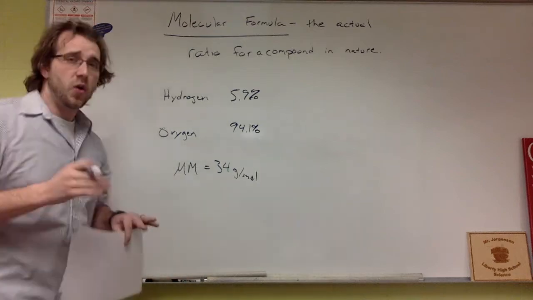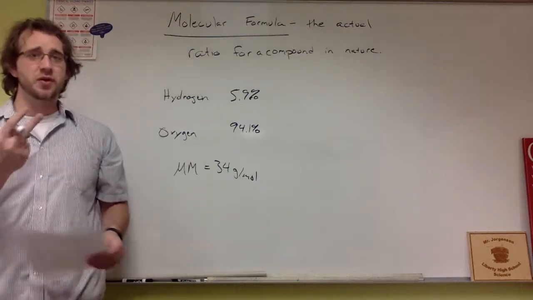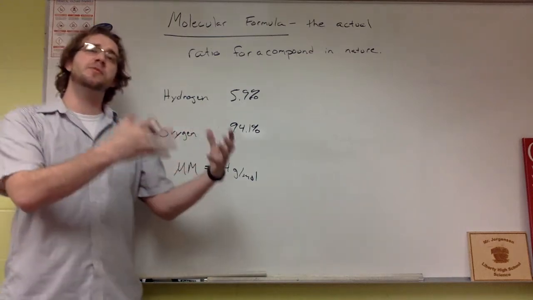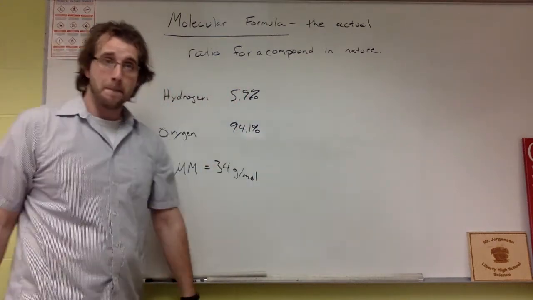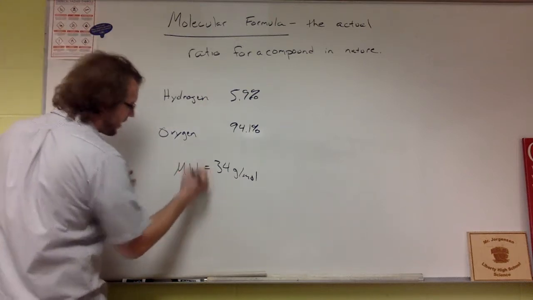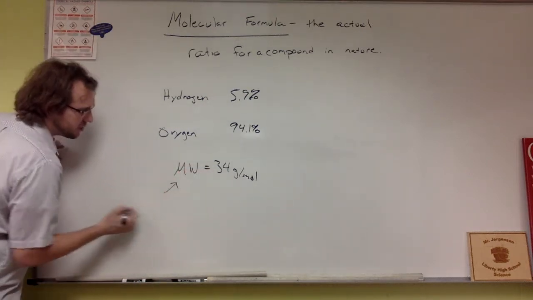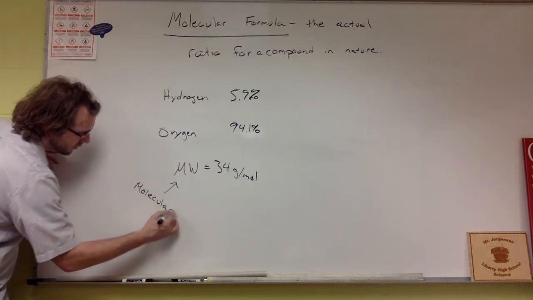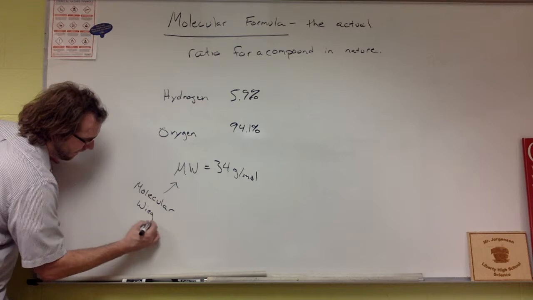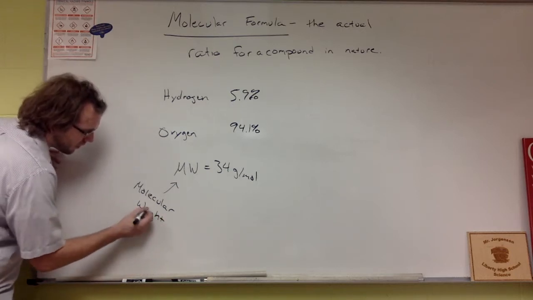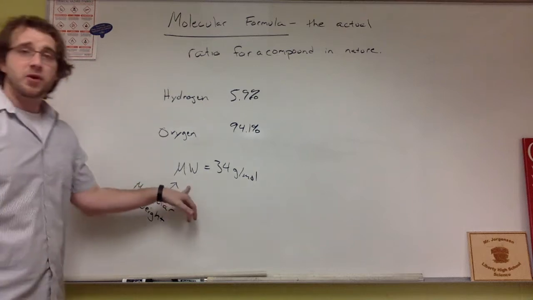Now here's the deal. In order to find a molecular formula, you need to know 2 things. You need to know the empirical formula, and you need to know the actual molar mass of the big molecule, the molecular formula. Now sometimes, that's MW. Sometimes it'll be disguised. So this will be MW as in molecular weight. But this is our molar mass of the large one.